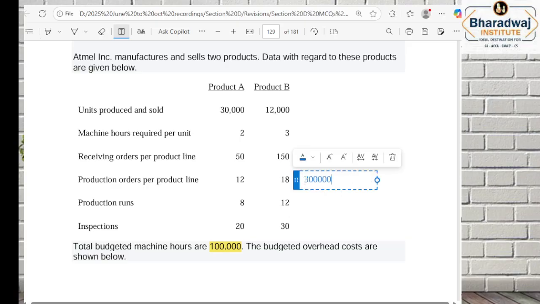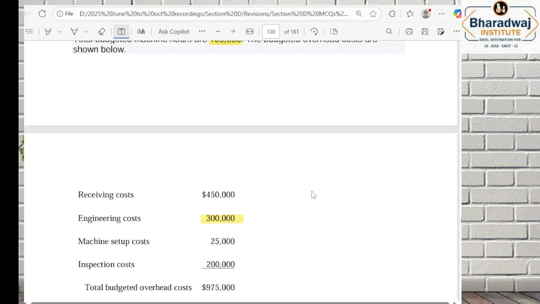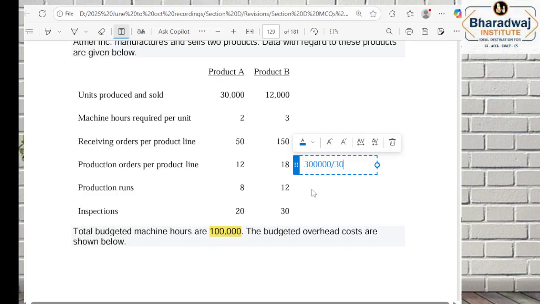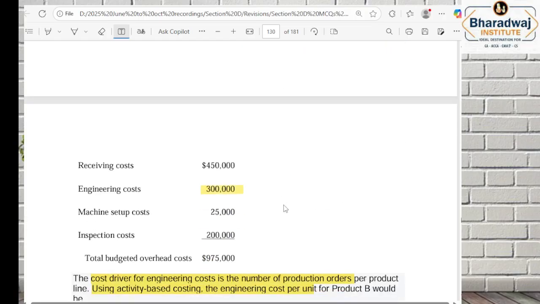3 lakh divided by 30. How much do you get? 10,000. 10,000 into 18. Which product do they ask for?